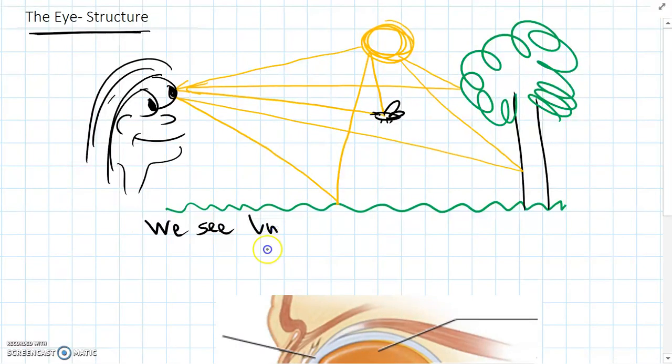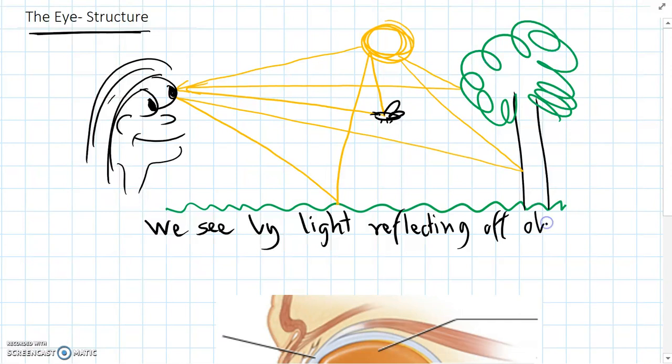So we see by light reflecting off objects into our eyes.